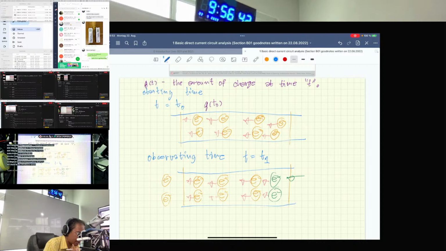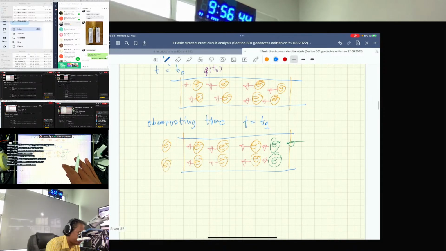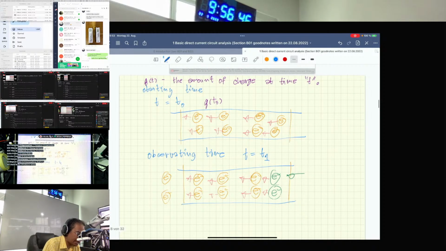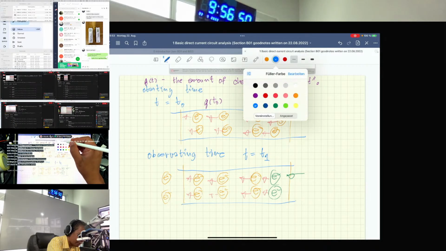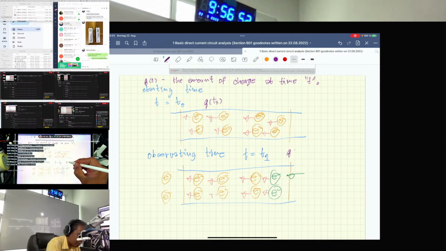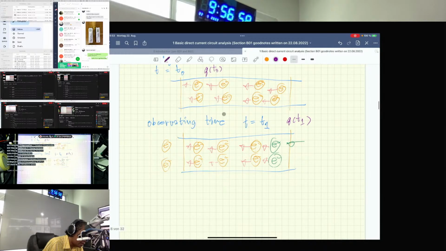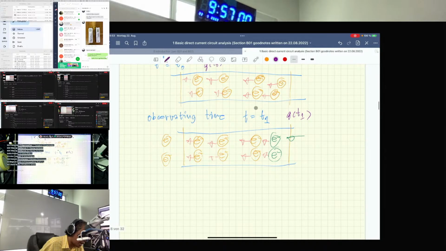Okay, let's say t1, and the amount of charge at the finalizing time, or the observing time, will be q(t1). Okay, and the rate, the flow rate.